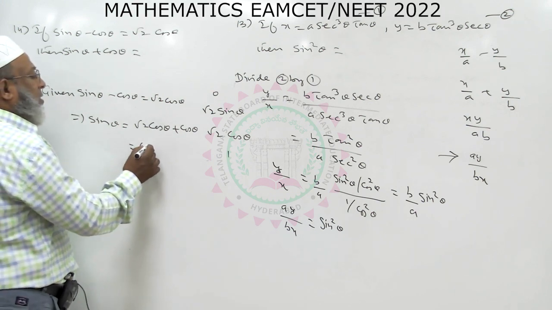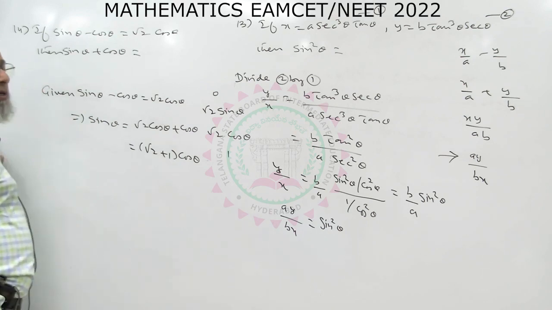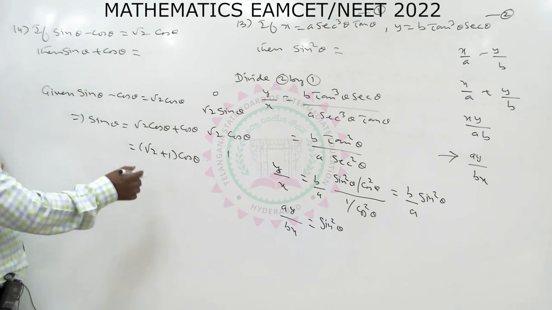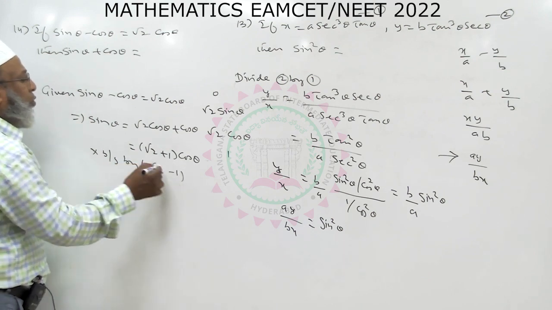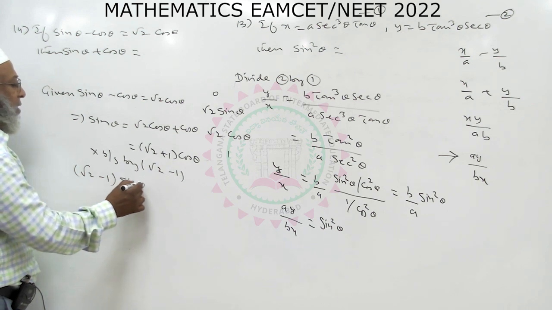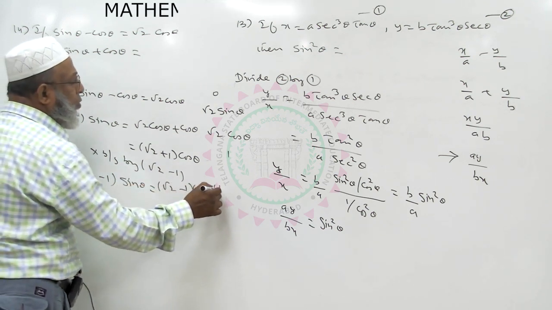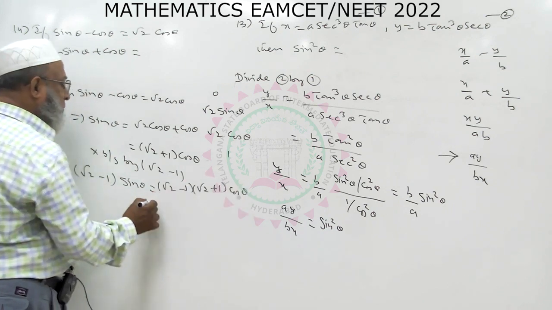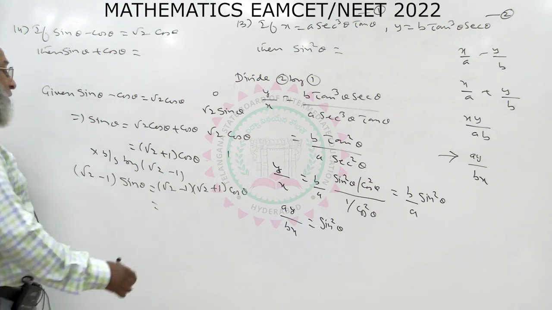If we take out the common cos theta, I am leaving root 2 plus 1. Multiply both sides by root 2 minus 1. So, this is root 2 minus 1 into sin theta is equal to root 2 minus 1 into root 2 plus 1 into cos theta. It is of the form a minus b into a plus b, a square minus b square, 2 minus 1, 1.